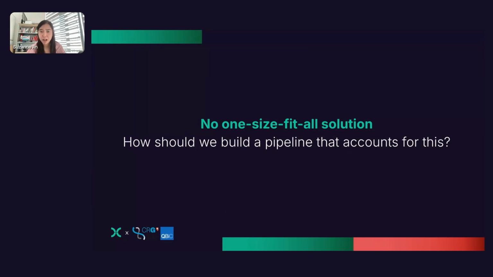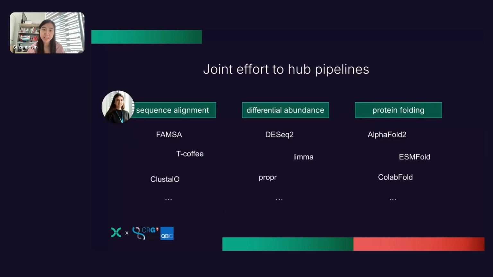Then how can we account for this when creating a pipeline? To address this, we decided to convert this pipeline into a hub pipeline. I want to highlight that we are not the only ones creating hub pipelines.